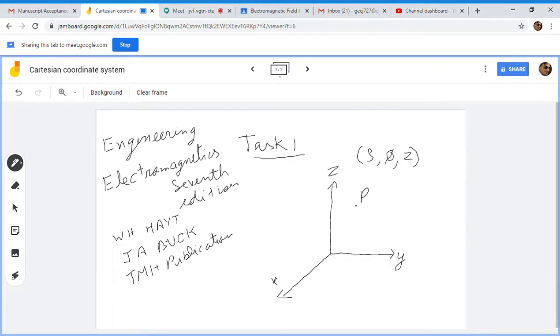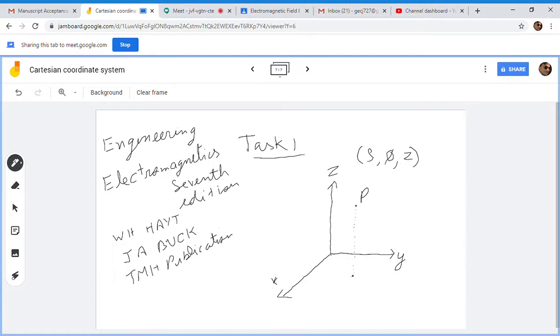We can take the reflection of this point P. Let us take the reflection on the positive xy plane. Yesterday I saw Yukti did take the positive xy, not the negative xy. I like that, so I will also use the same thing.